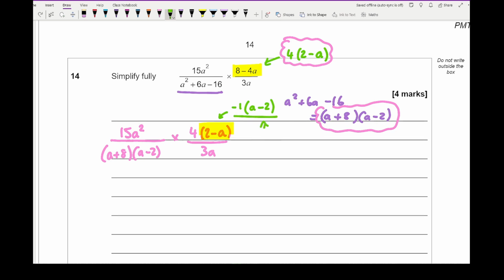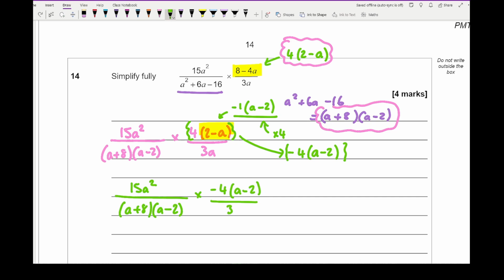Now if I multiply that by 4, I'm going to end up with minus 4 and then bracket (a minus 2). So rather than writing this, I'm going to swap that for this. So the fraction then looks like 15a squared over (a plus 8)(a minus 2), multiplied by minus 4(a minus 2) over 3a.